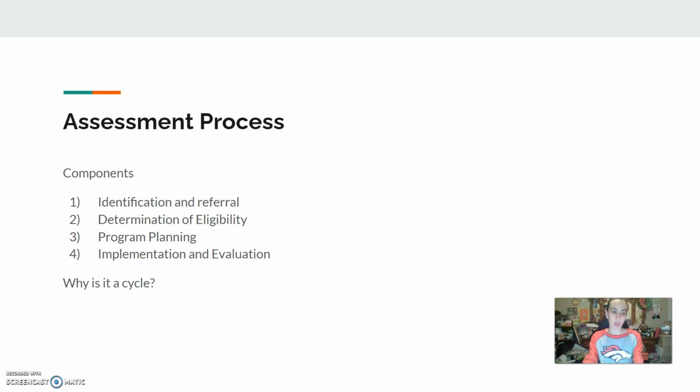From there, we go to the determination and eligibility, which is where they start testing the student and deciding, is this student actually eligible for an IEP or special education services.